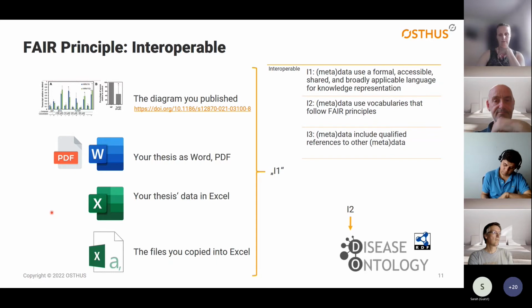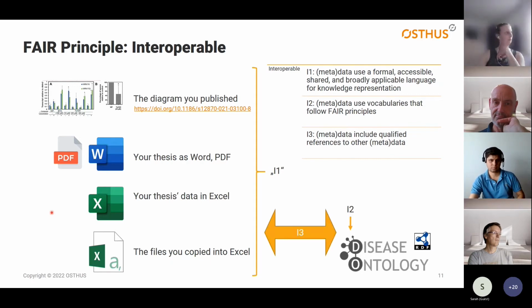A step towards being more interoperable can be the use of standard vocabularies. Here I brought an example of the disease ontology. This is a widely used ontology in the medical field. Almost all known diseases have a number in there. And you can use this terminology, and you can interlink your work with that terminology. So instead of calling something coronavirus, you give them the DOID link, which is a particular number.